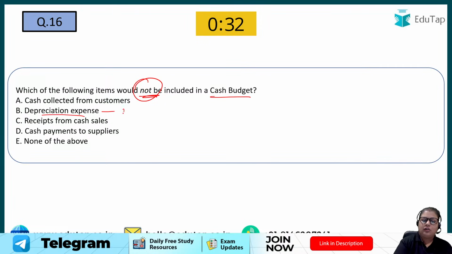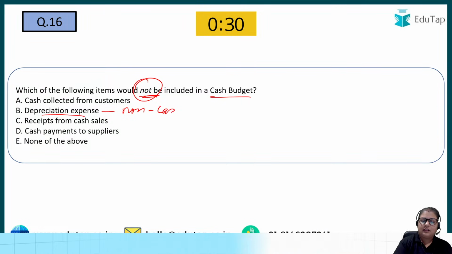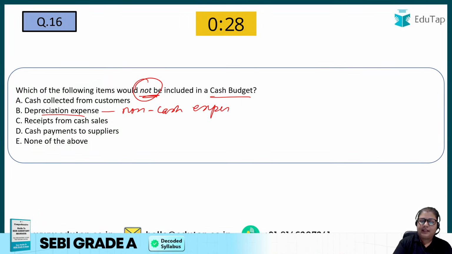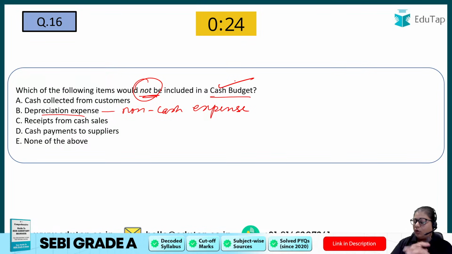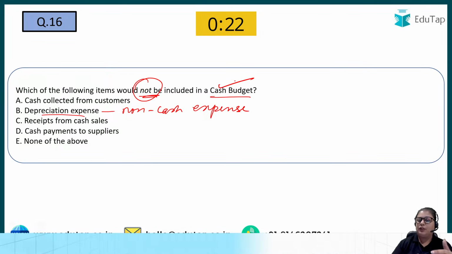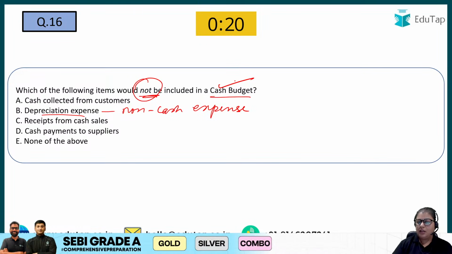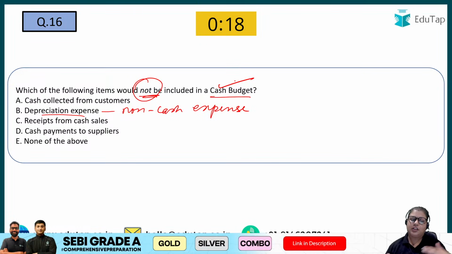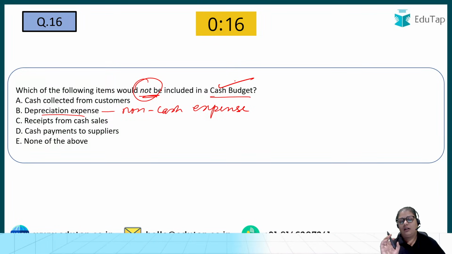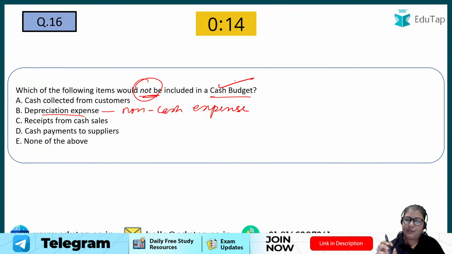Depreciation is a non-cash expense, hence it will not be included in my cash budget. All those things which help me understand the flow of cash, how much cash is coming in and going out, will be included in my cash budget. But depreciation is a non-cash expense, so we have got our answer, that is B.